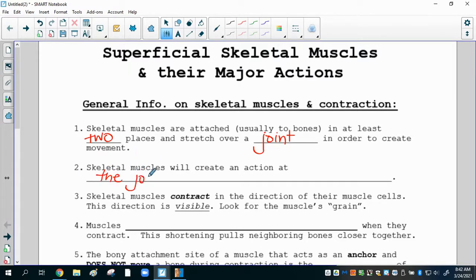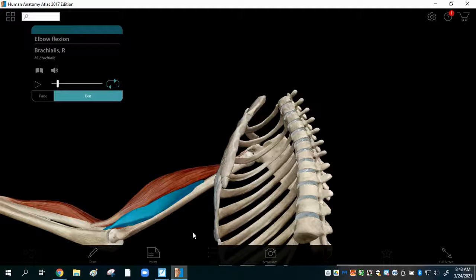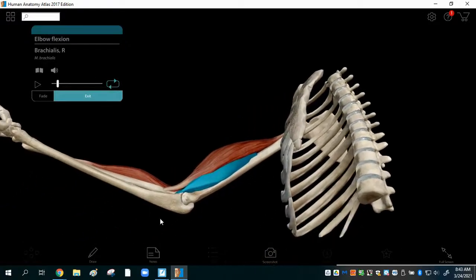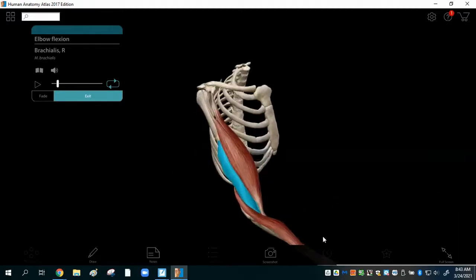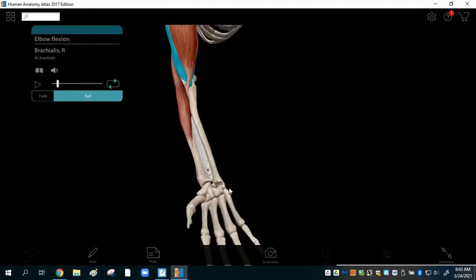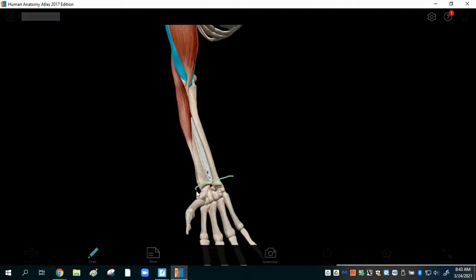And I'm going to make that with a possibility of plural, because sometimes skeletal muscles will cross more than one joint and they will affect both. Again, in the atlas, we can see that these muscles cross the elbow, so they're going to have an action at the elbow. Now, if we take a look at the wrist, for example, the wrist joint is here.